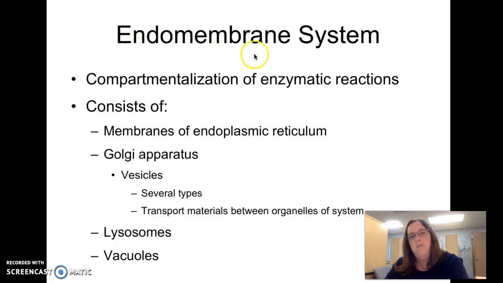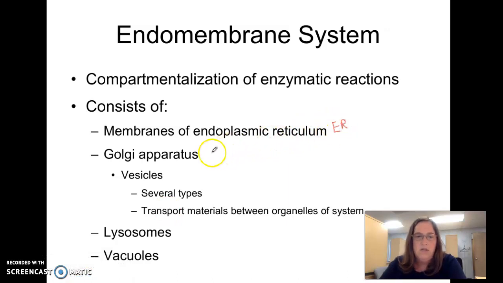Some of this endomembrane system is compartmentalized, oh my goodness, I can't say that word right now. Compartmentalization usually means that they need some kind of enzymatic reaction. Enzymes help break things down so they can be easily worked with. So we have our endoplasmic reticulum, sometimes just referred to as ER.